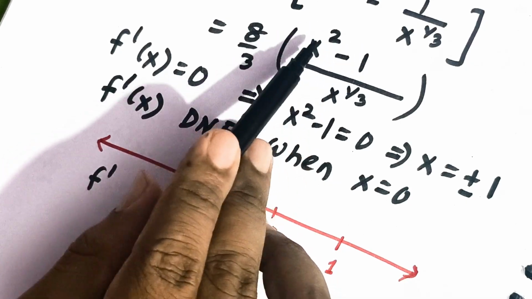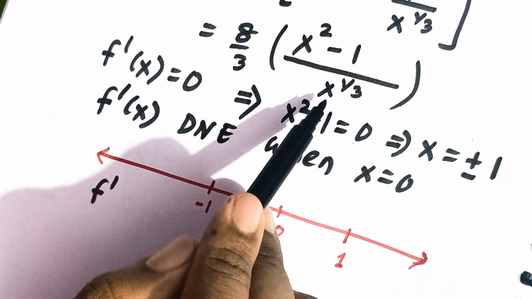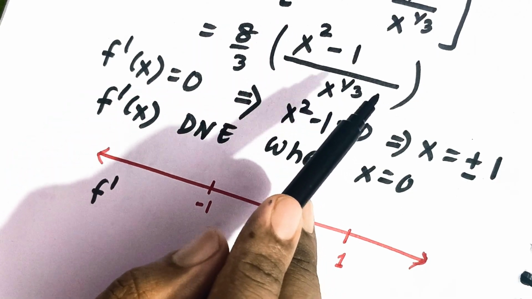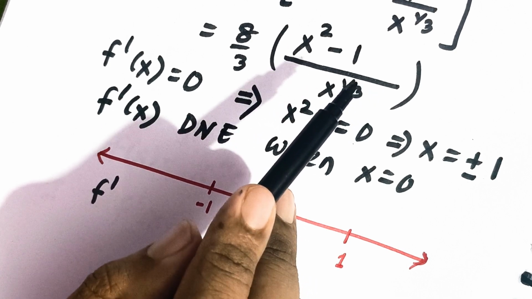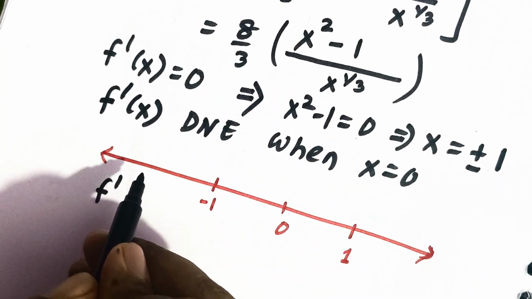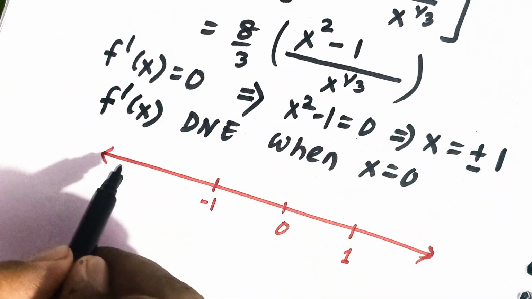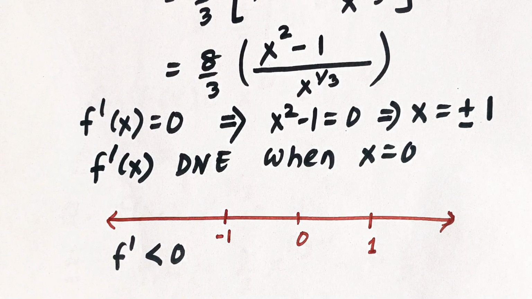So numerator is positive. What is the denominator? Minus 2 to the power 1/3, the cube root of a negative quantity, is negative. So positive divided by negative is negative. So at minus 2, f dash is negative. That means at all the points in this interval, we have f dash negative.